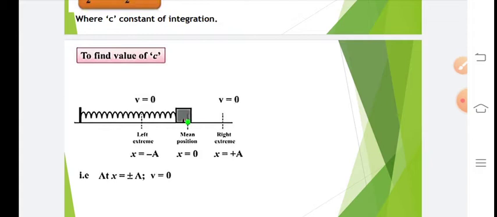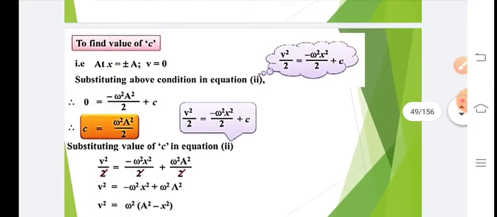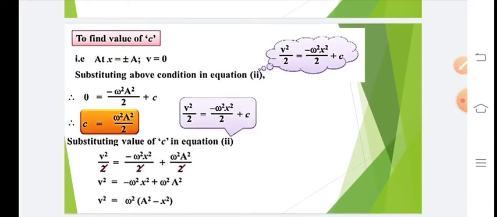The displacement at the mean position is 0, and at the left extreme and right extreme positions it is plus or minus A. So at x equal to plus or minus A, v is equal to 0. To find the value of c, the constant of integration, the condition is at x equal to plus or minus A, v is equal to 0.